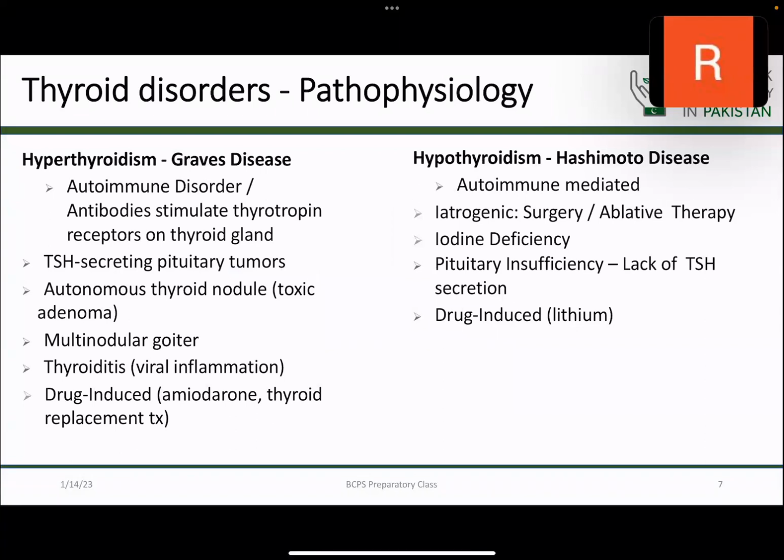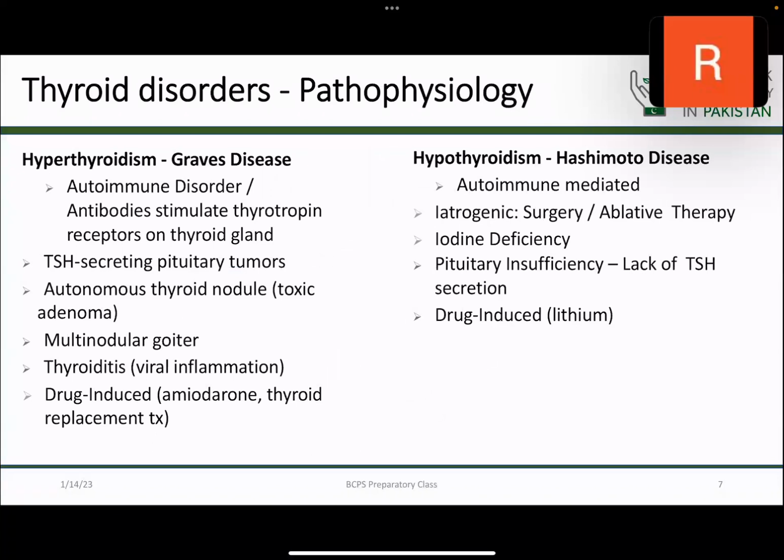So thyroid disorders, we will talk about pathophysiology now. In hyperthyroid states, the most common disease is Graves' disease, and it is an autoimmune disorder in which antibodies are formed in the body, which stimulate thyrotropin receptors on thyroid gland.